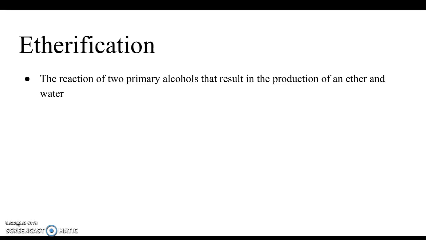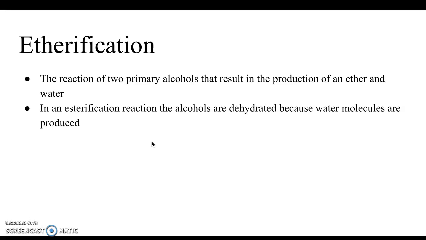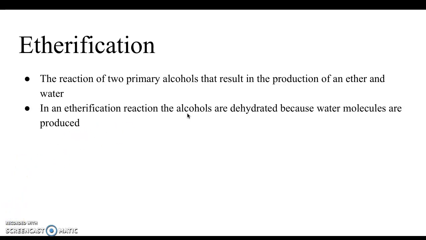Esterification is the reaction that produces ethers. So it's the reaction of 2 primary alcohols that result in the production of an ether and water. This is also considered a dehydration reaction because during esterification, the alcohols are dehydrated and water is produced.